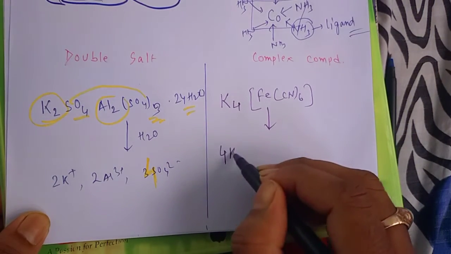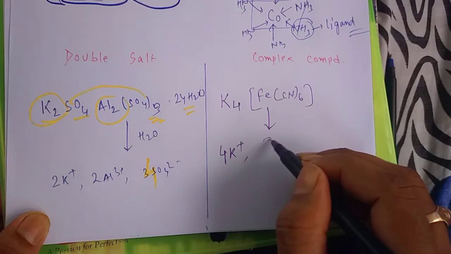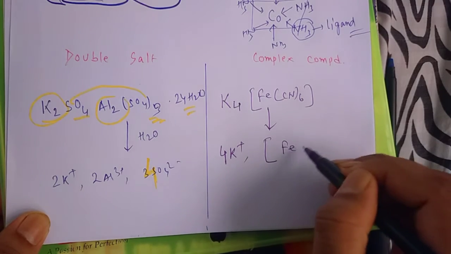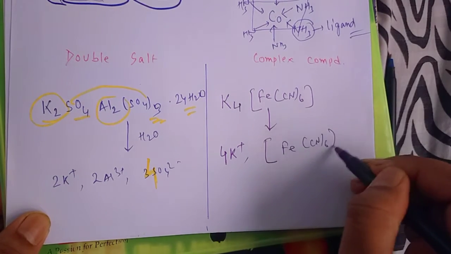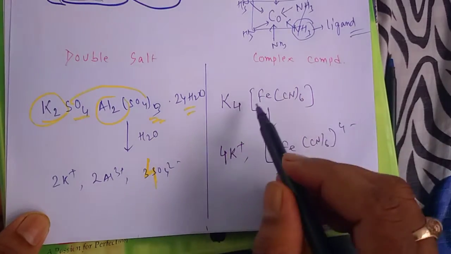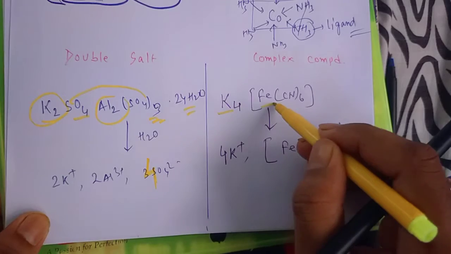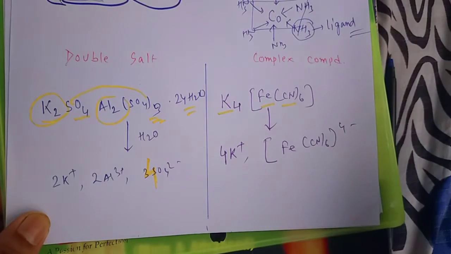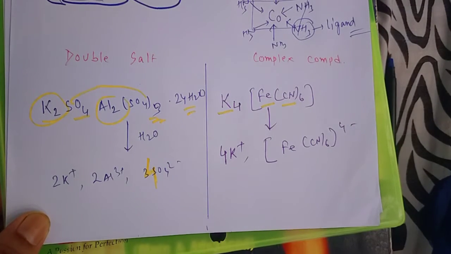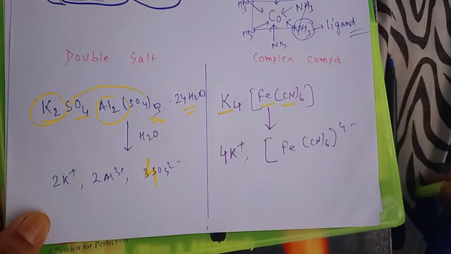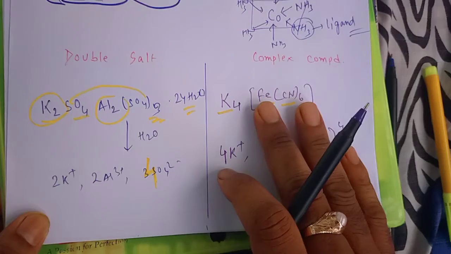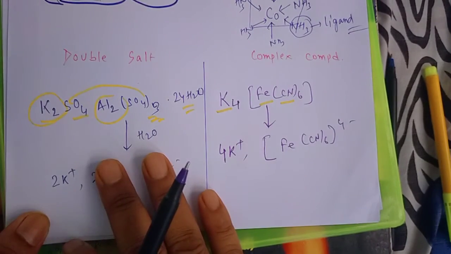From that, student, we are going to get potassium ion and [Fe(CN)6] 4 negative. From that we are not able to get potassium ion, iron, cyanide ion. So the compound which does not dissociate into constituent ions is called a complex compound, and the one which dissociates into constituent ions is called a double salt.